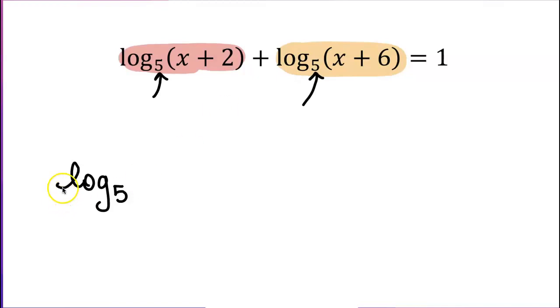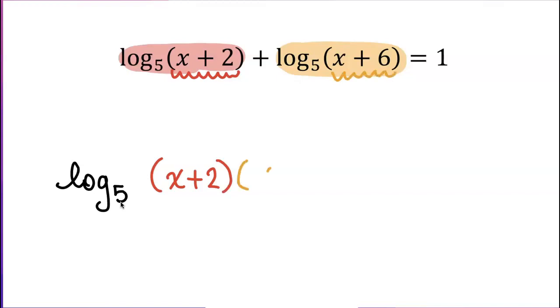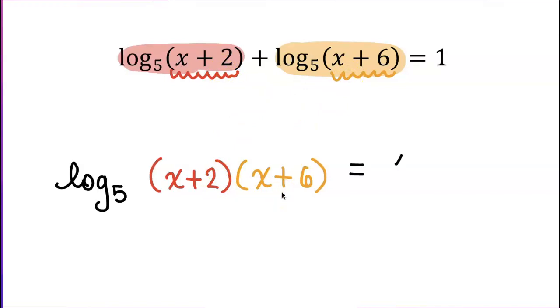So I'm going to write log base 5 of x plus 2 times x plus 6. When you are combining two separate logs that are adding, we write it as a single log expression, but multiply their log arguments. You don't add the arguments, you have to multiply the log arguments. On the right side, we still have 1.